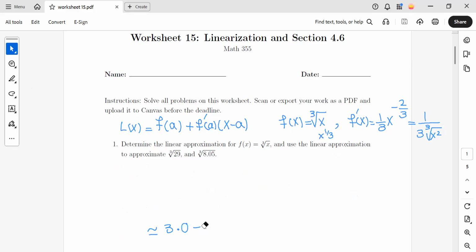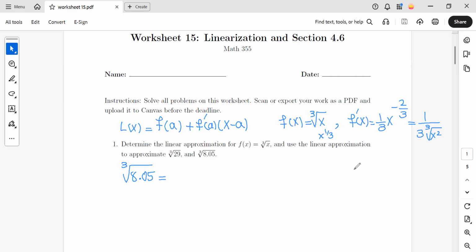We already know what cube root of 8 is. So we're going to use the formula again, but this time we're going to find cube root of 8.05, and we're going to find f of a.